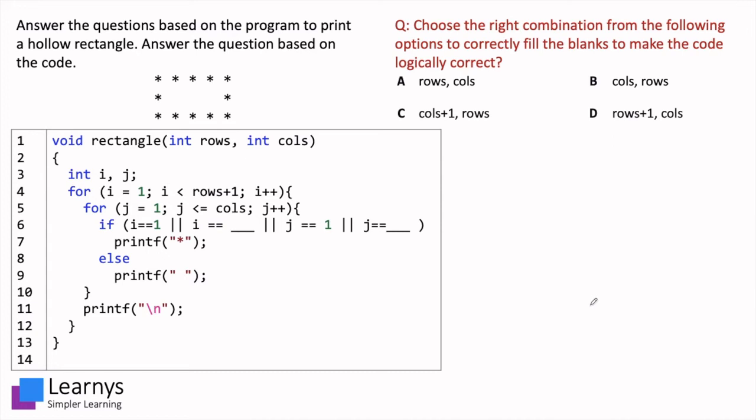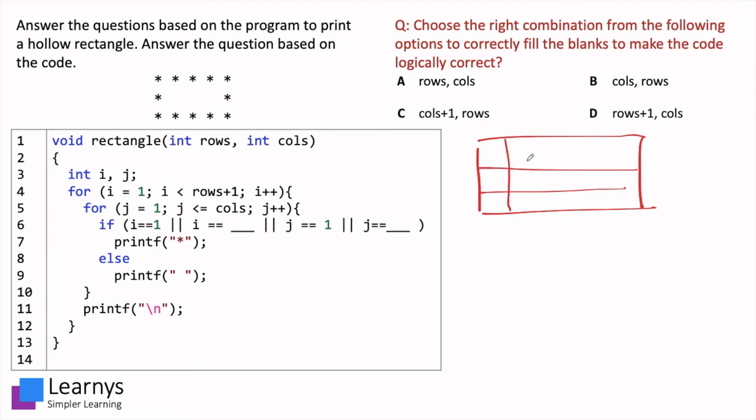Now, this is a key for any and every question which comes to 2D patterns like this. You have to imagine a matrix and just find patterns within the matrix. First of all, we're taking I and j as 1 each.